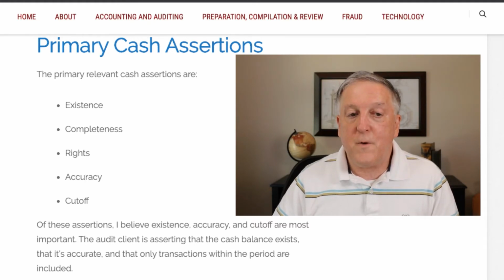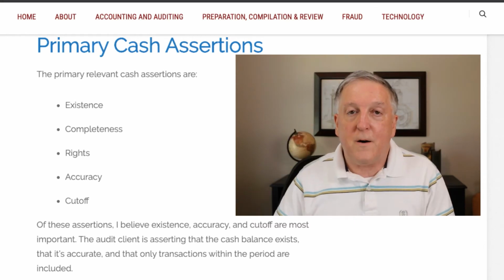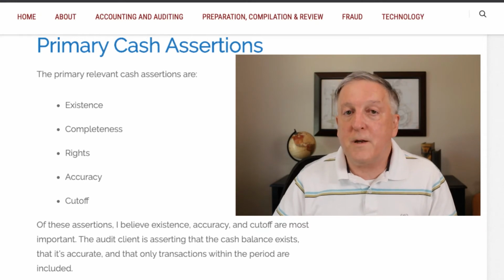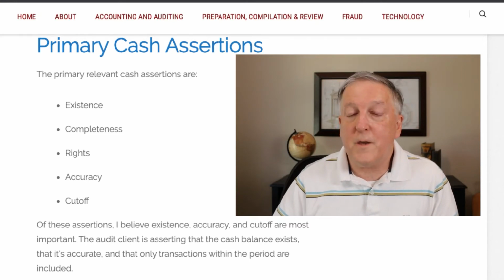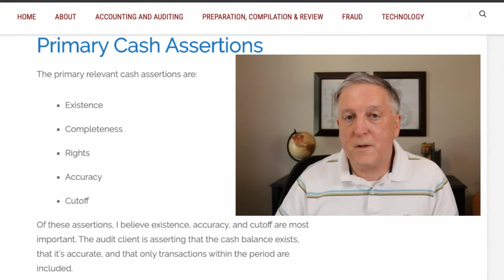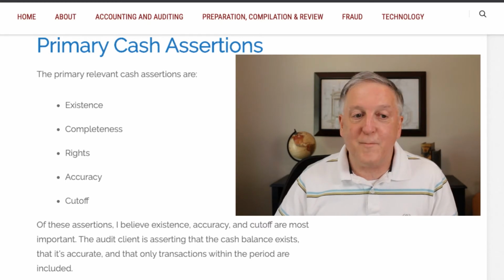But here we are doing the risk assessment, and we want to think about what the potential problem areas are, and one problem area would be that a client is showing a bank account as though they own the account, and they really don't. So rights can come into play. I would say of the five, this is the least risky most of the time. But when it's in play, it's really in play.